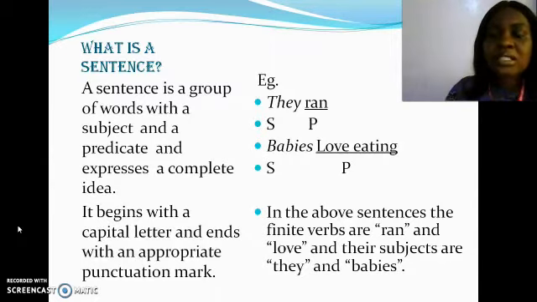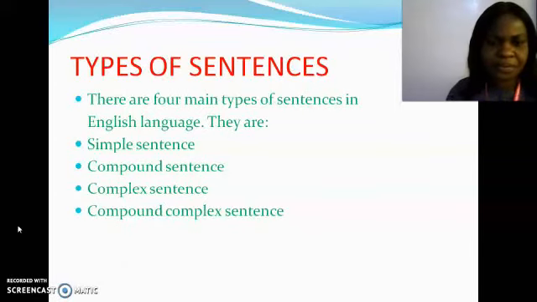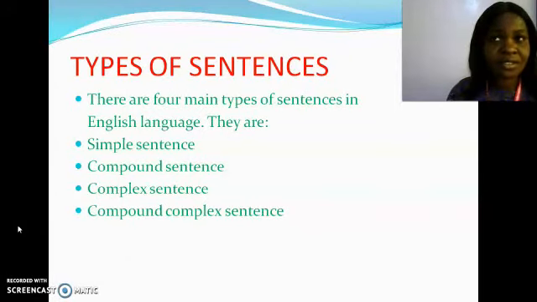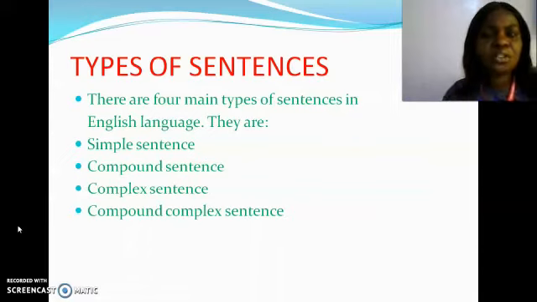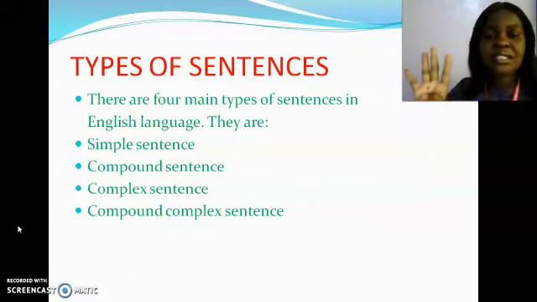But now let's look at the types of sentences. How many types of sentences do we have in English? Somebody said 2. If you said 4, you're correct. We have 4 types of sentences.